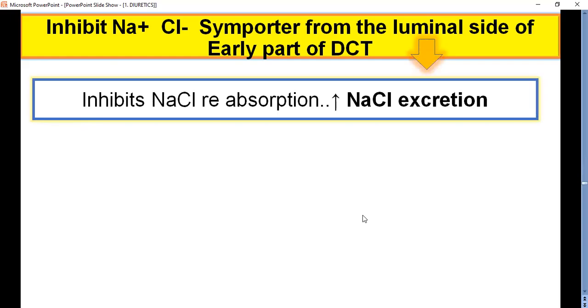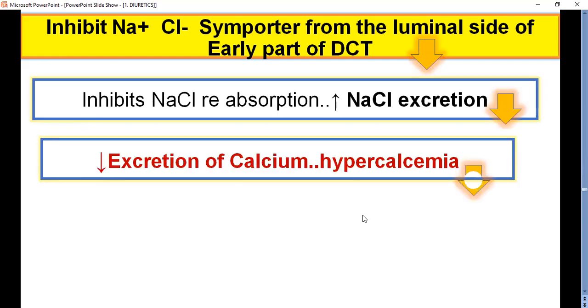Thus, it promotes the excretion of sodium chloride, but it reduces the excretion of calcium. That is why it results in hypercalcemia. So, it can be safely used in patients with osteoporosis because it does not increase the excretion of calcium.